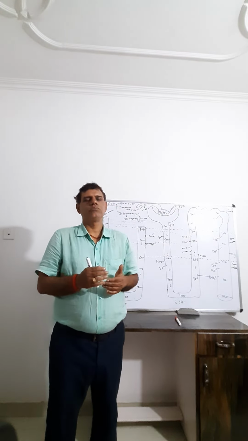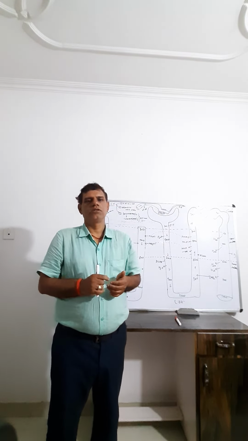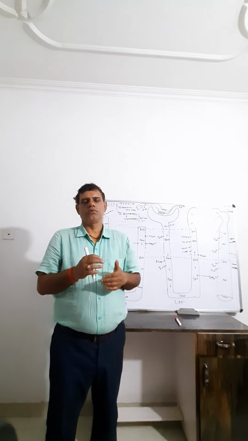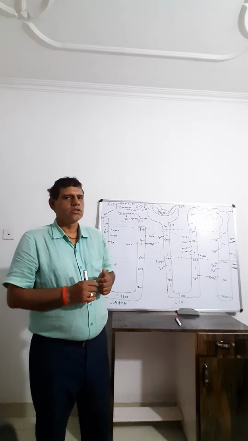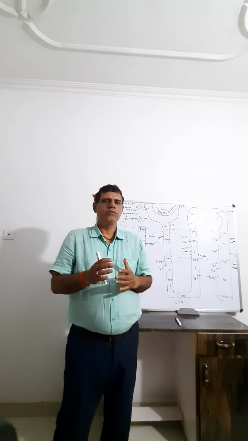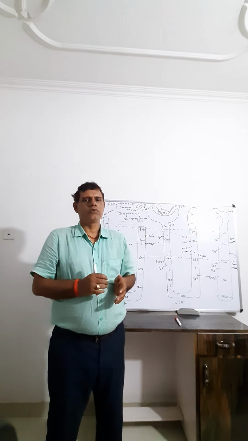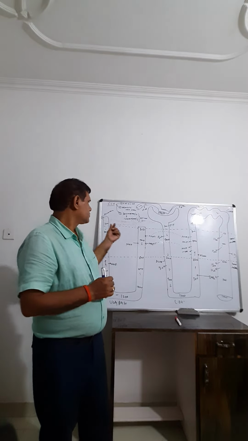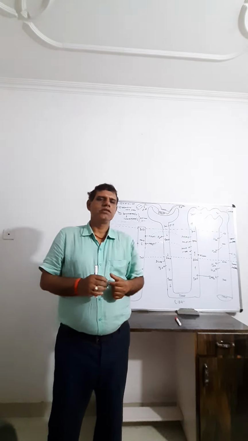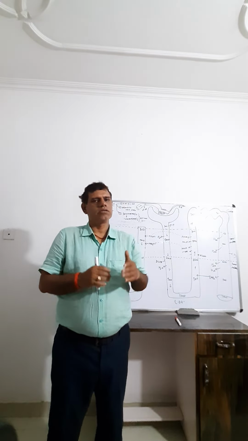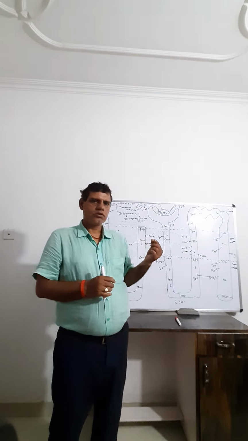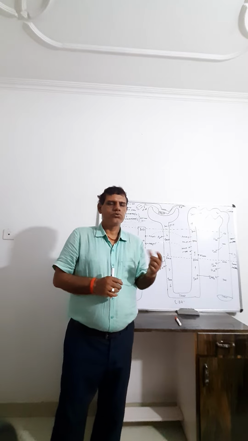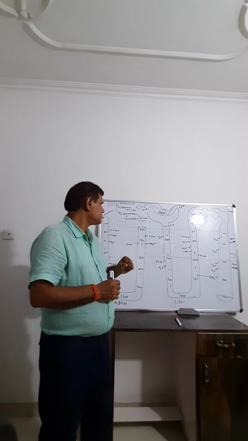These are reabsorbed with the help of active transport. But other ions such as chloride ion, bicarbonate ion, and water are reabsorbed with the help of passive transport. So the reabsorption in PCT takes place by both active and passive transport, and maximum glucose, amino acid and sodium ion are reabsorbed.